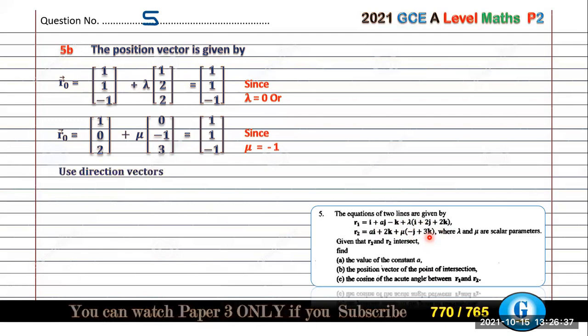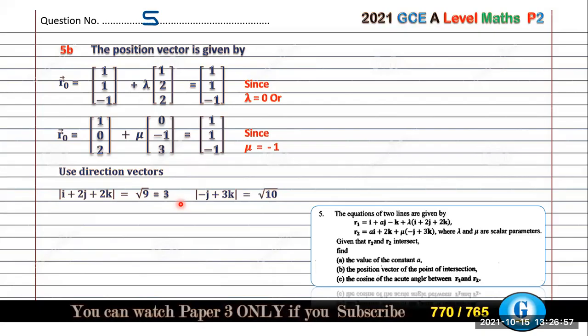So we have to look for their magnitude. For the first one, the magnitude of i plus 2j plus 2k is 1 squared plus 2 squared plus 2 squared, which is the square root of 9, which is equal to 3. And for minus j plus 3k, the magnitude, or the modulus, is root 10.